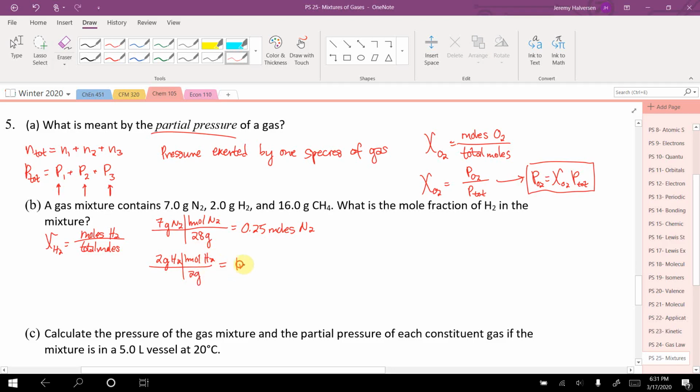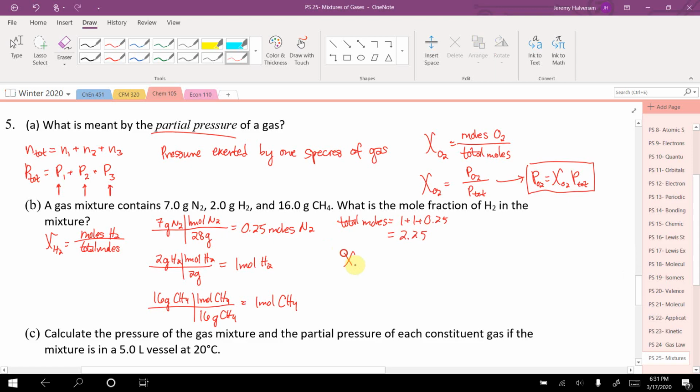So that means I have 1 mole of hydrogen. 16 grams of methane. 1 mole of methane is 16 grams, which then gives me 1 mole of methane. Okay, so total moles is going to be 1 plus 1 plus 0.25, 2.25.